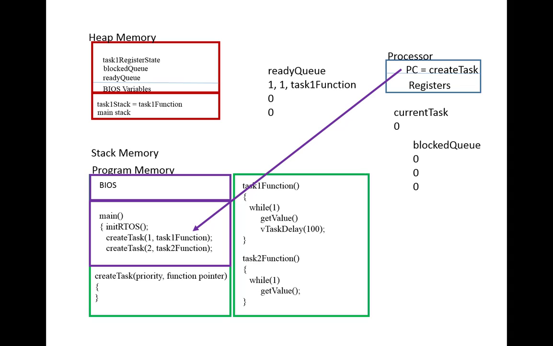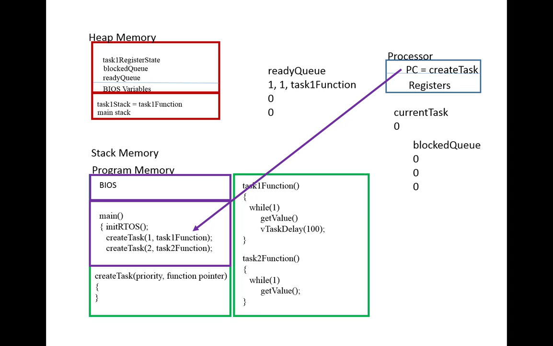Now we're going to create a task. We're going to call a function called create task. Notice this is all still running inside of main with a single thread of execution. In this case, create task simply adds this task to the ready queue. The task has been added with a priority and with the function that we want to run when we first run the task.